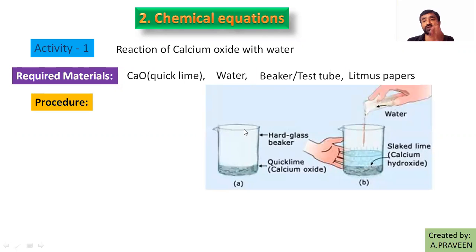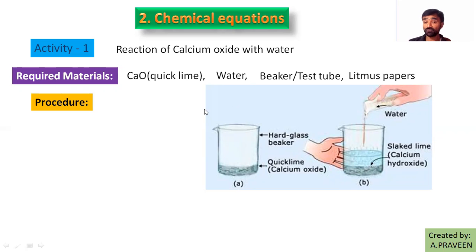Then again touch the beaker after adding the quicklime into the water. So here, by adding quicklime into the water, you will get a solution, right? That solution is called slaked lime, calcium hydroxide. The liquid solution you get from calcium oxide and water is slaked lime, calcium hydroxide.